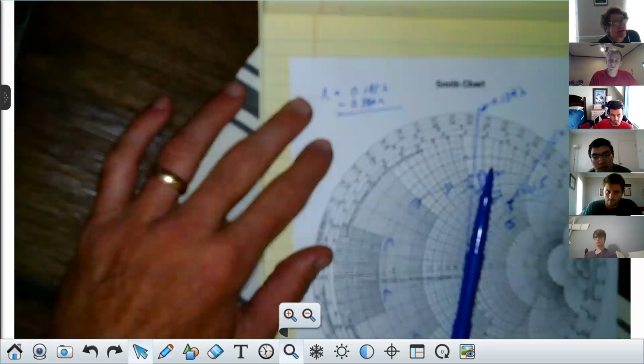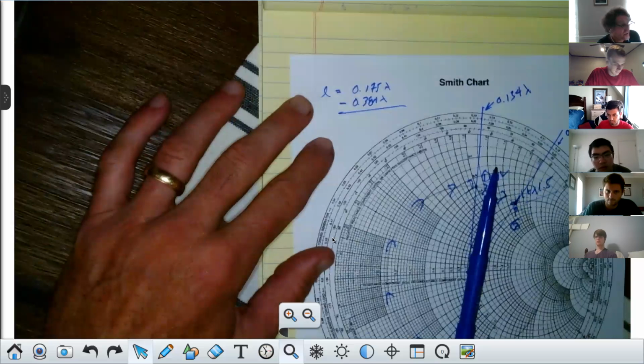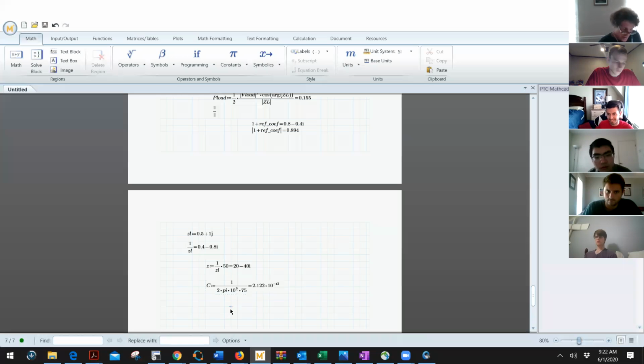And I'll tell you exactly what that value is because some of you want to know. So it's 0.175 minus 0.384. And that's minus 0.209. So what I do is then add a half wavelength to that.